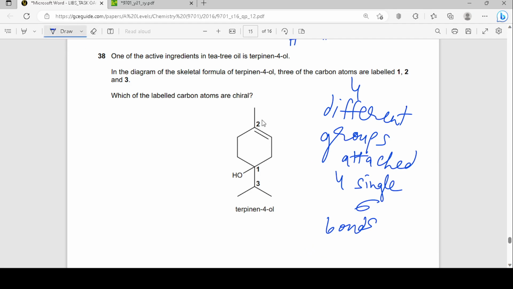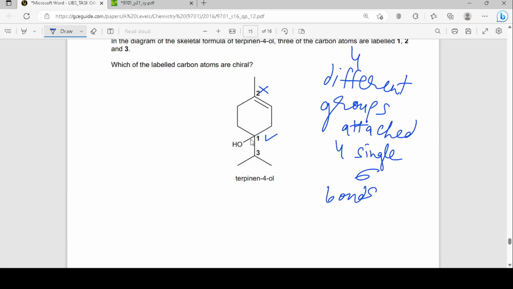So over here, 2 is immediately wrong because there's this double bond, which means it's attached to the same group sort of twice, so there are not four different groups attached. So 2 is immediately wrong. 1 is right, but let me check it properly. Is the molecule symmetrical? No, it's not.